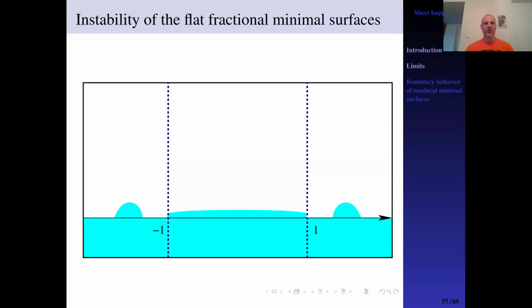An interesting feature of the non-local minimal surfaces is that they present a surprisingly different behavior with respect to their classical counterpart. So this is something that we discovered with Serena Di Piero and Ovidiu Savin, and we call this behavior stickiness.